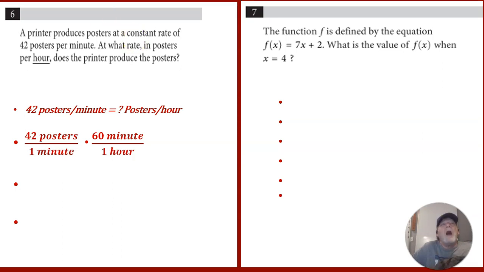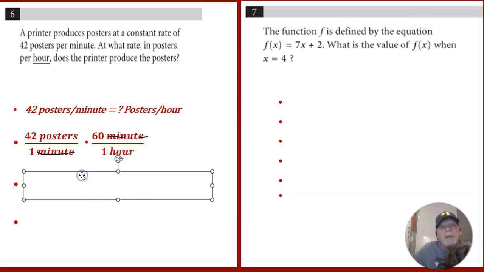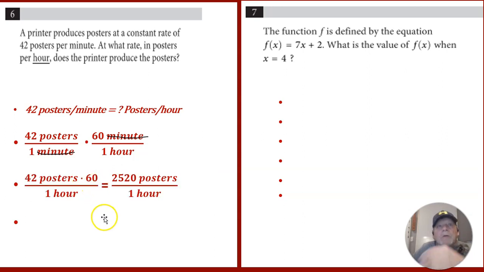All right. So I can cancel my minutes in the numerator here. I can put a line through that and cancel it. And my minutes here. So the minutes now are gone. So now you've got to multiply across. I multiply my 42 posters times 60, over 1 times 1 hour.